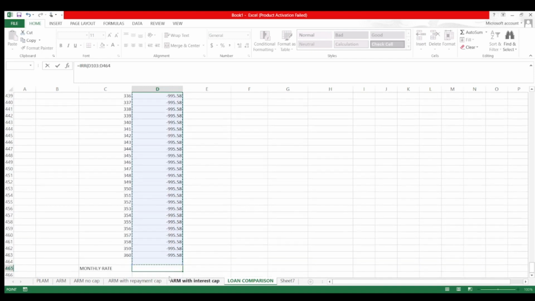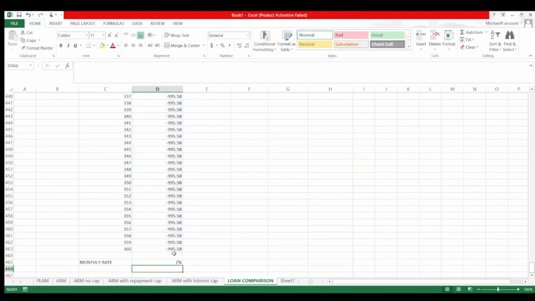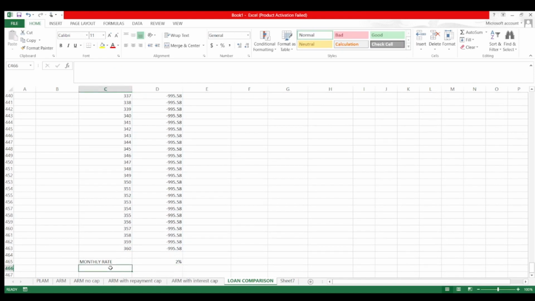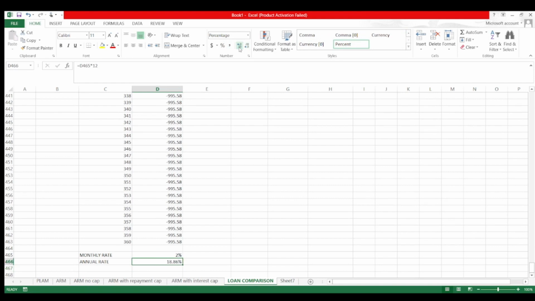Then give it a guess, let's say 0.01. And then we also need to get the annual. So you simply take this amount and multiply by 12. So now you can see the rate is 18.86.